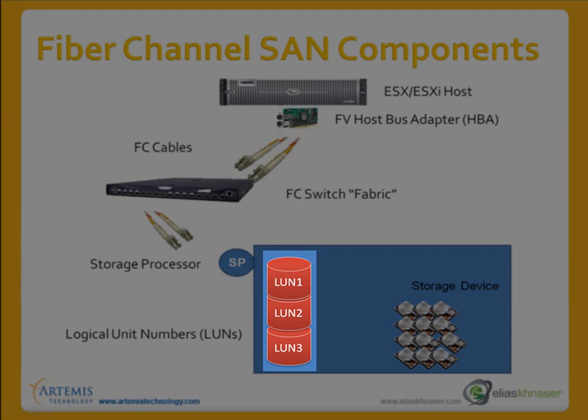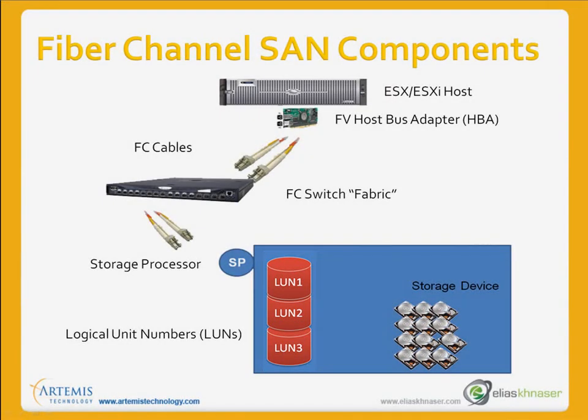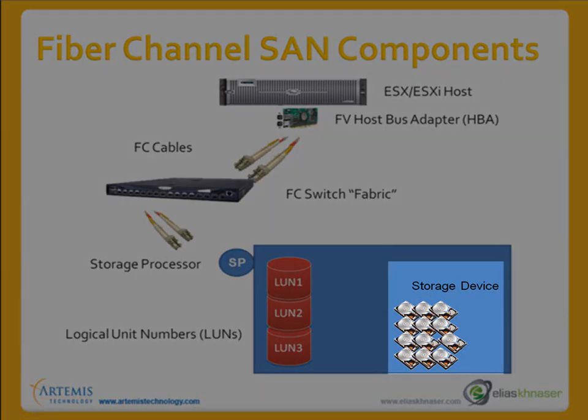This LUN is the single storage that is presented to the server as local storage. So you combine 2, 3, or 4 of these disks, you create one LUN, and then you present that LUN to the server as local storage. Within the LUN, you can carve up volumes, partitions, whatever you want.